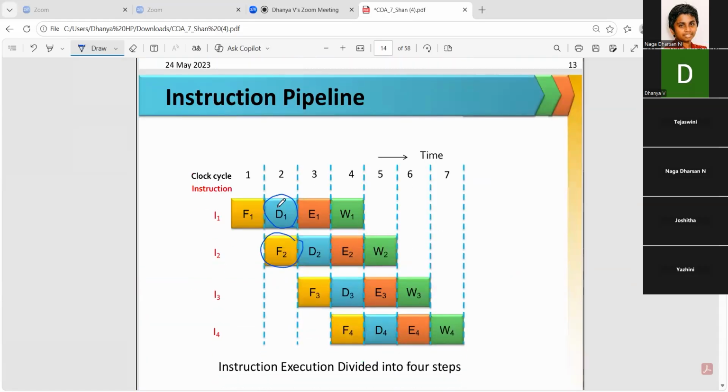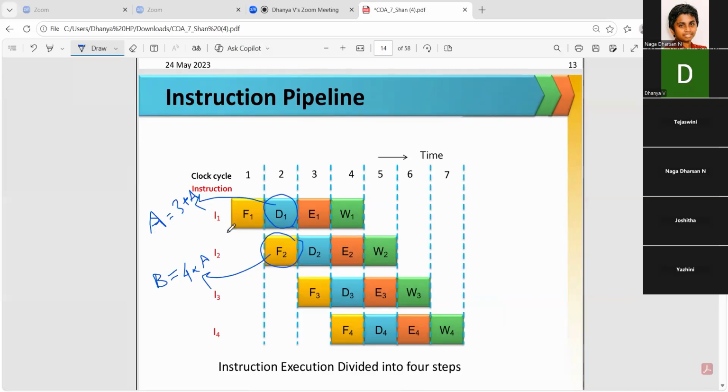If you see here, the decoding stage was A is equal to 3 plus A, and our fetching stage was B is equal to 4 into A. If both of these happen at the same time, there might be some inconsistency.